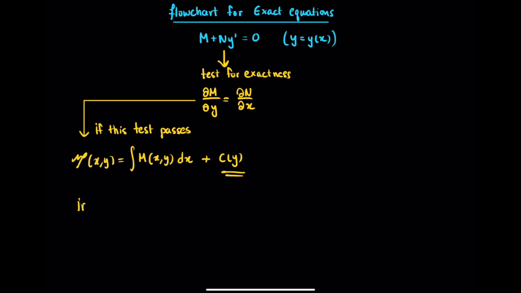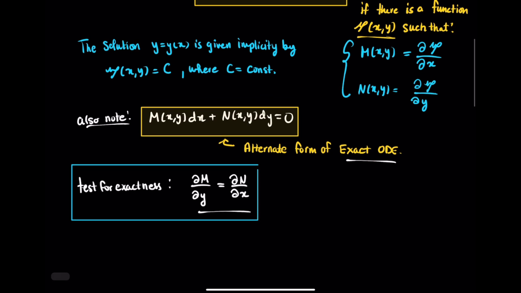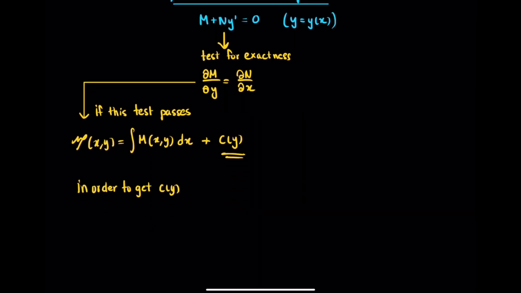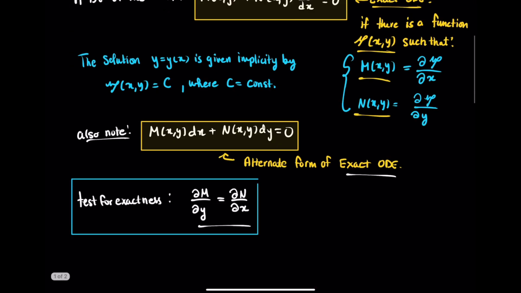In order to get c(y), we first need to remember what the definitions of M and N were. Remember that N was the partial derivative of psi with respect to y. Notice how we solved for psi here. If we take the derivative of psi with respect to y, that is also equivalent to N, right?